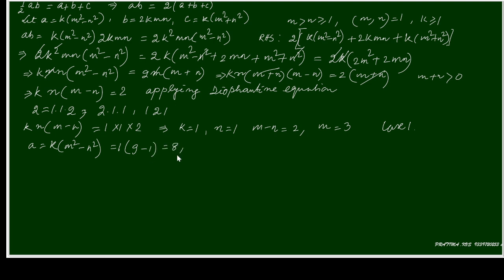So this will be 8. And B equals twice K M N. So 2, K is 1, M is 3, and N is 1 again. So this will be 6. And C equals K into M square plus N square. So this will be 1 into 3 square, which is 9, plus 1. This will be 10. So one integer triple we got is 8, 6, 10.